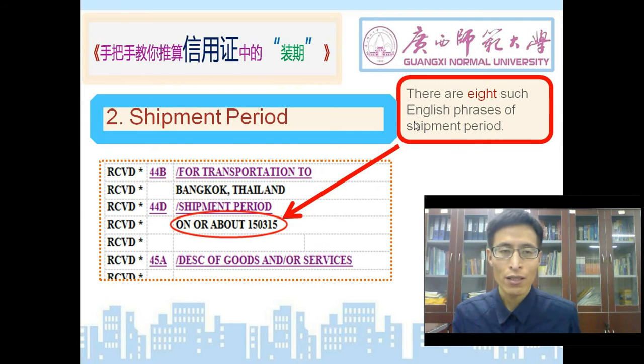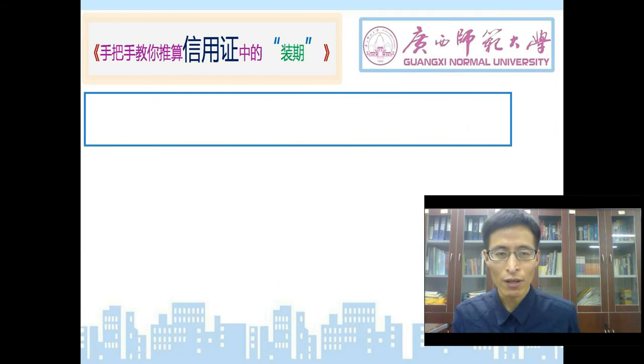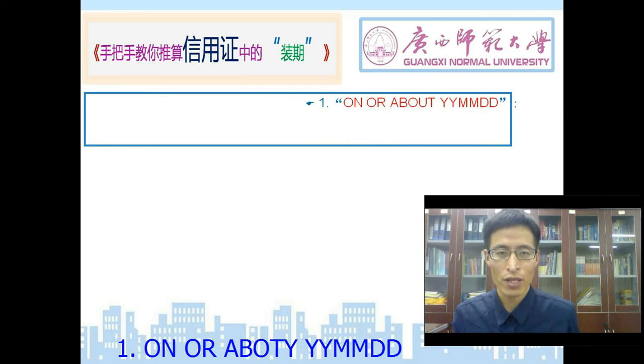Actually, there are 8 such English expressions of shipment period. Let's analyze these 8 English phrases one by one, to figure out which days are the shipment period. So let's see the first expression, on or about YYMMDD.